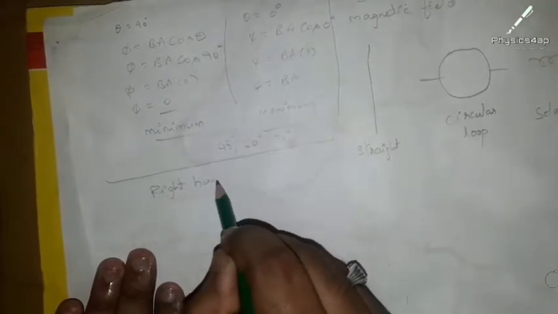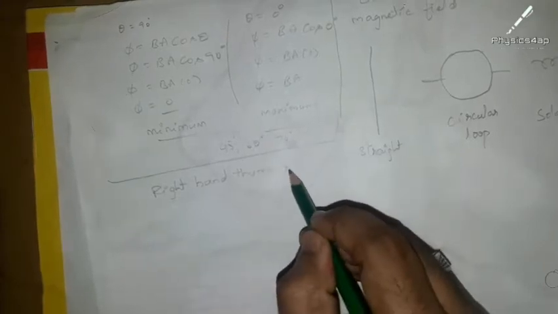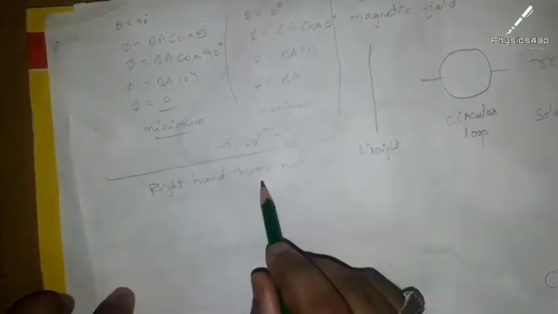Right hand thumb rule. So what is the right hand thumb rule? This is my right hand. This is called the right hand thumb rule, just like a thumbs up.